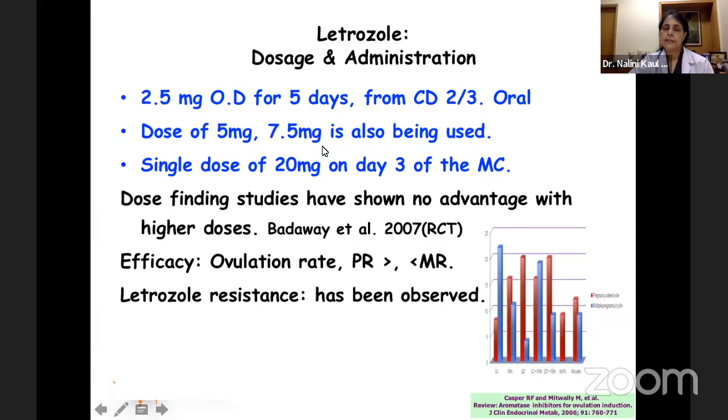It's very efficacious, with great ovulation rates, very good pregnancy rates and lower miscarriage rates. However, please remember that letrozole resistance exists. It is a reality, and you will find some patients who will not respond at all to letrozole and may respond beautifully to clomiphene citrate.